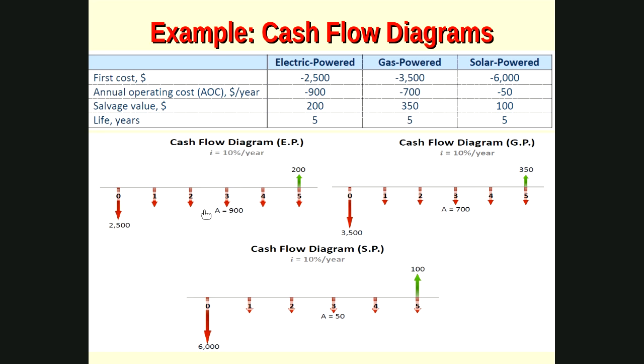It will help you visualize the problem and make it easier to solve. For A2, as we did for A1, the 3,500 is the first cost, the annual is the 700, and the salvage is an inflow of 350. So let's do the formulation for the first one.